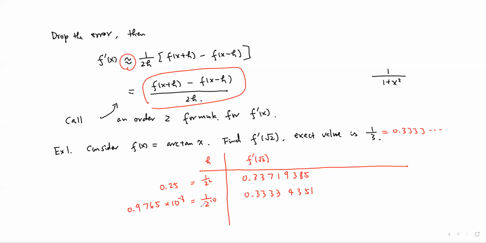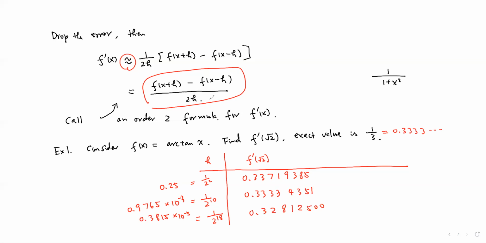But if I continue to decrease h, say 2 to the negative 18, wow, this is a very small number, 0.3815 times 10 to the negative 5. If I still use this formula, then I get the answer 0.32. So when h is too small, the solution is getting worse.